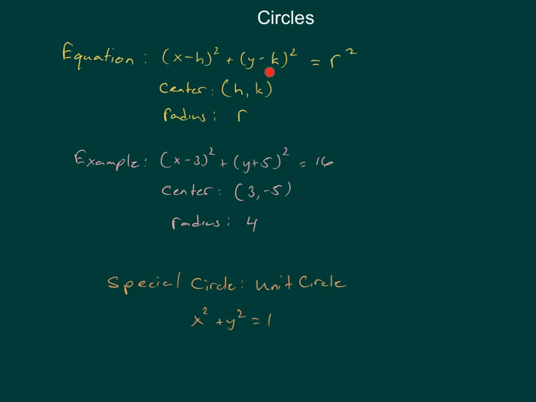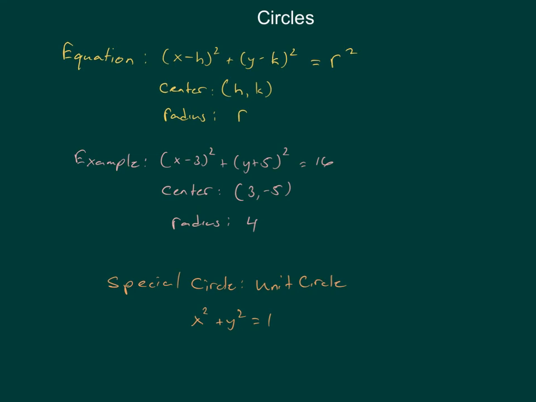Notice it's x minus h and y minus k, so the sign for h and k will always be the opposite of what you see here. In this case, h is 3 and k is -5, so I know the center is at (3, -5). And the radius squared is 16, so the radius is equal to 4.